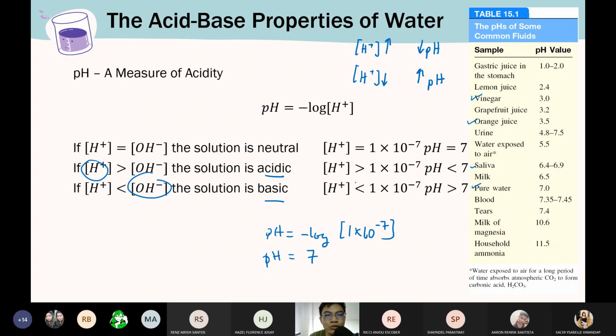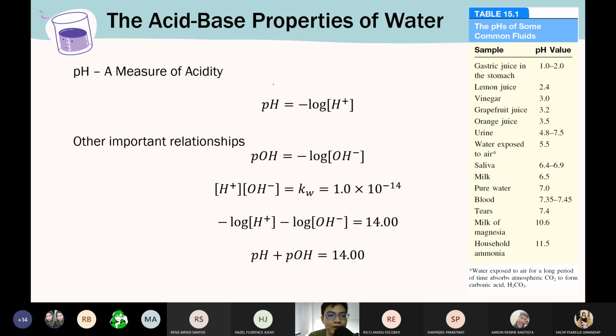Pero bakit kaya up to 14 yung pH scale? Bakit siya 1 to 14? May kinalaman yun sa Kw. Okay? So remember, for the dissociation of water, this is your Kw, and that is equal to 1 times 10 raised to negative 14.